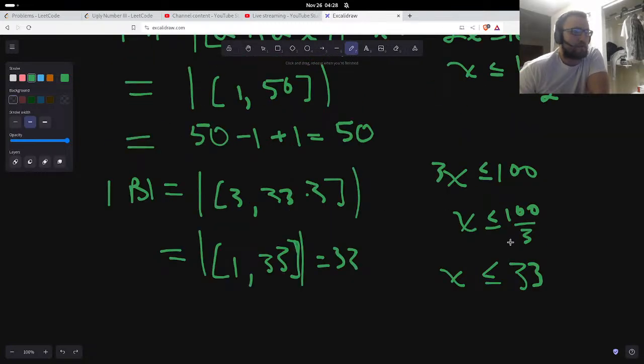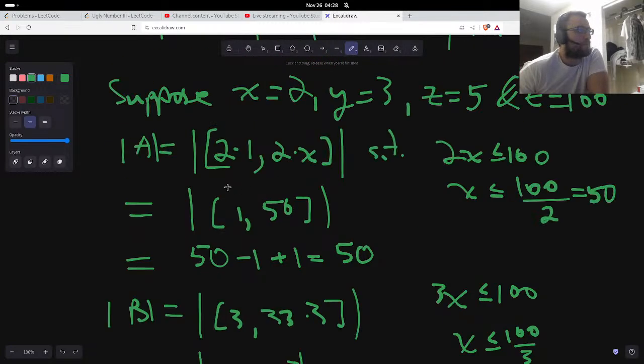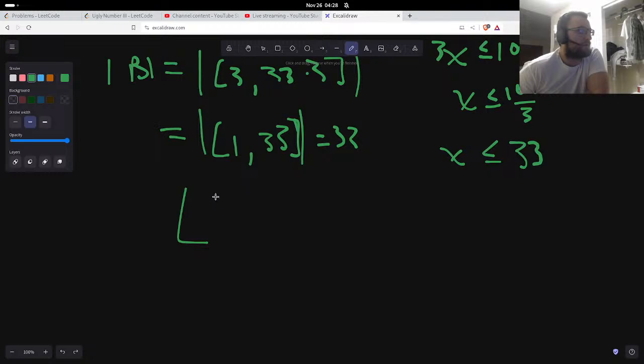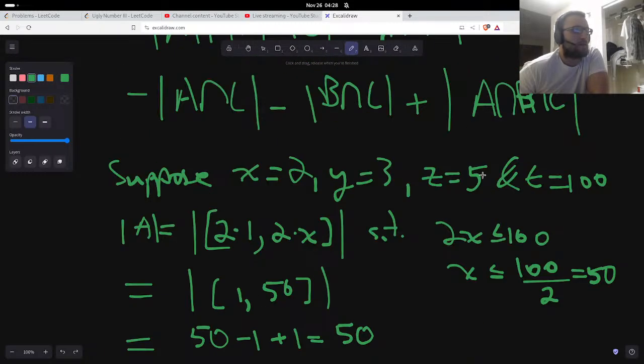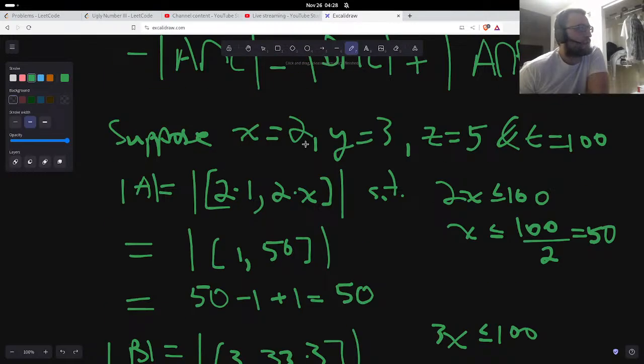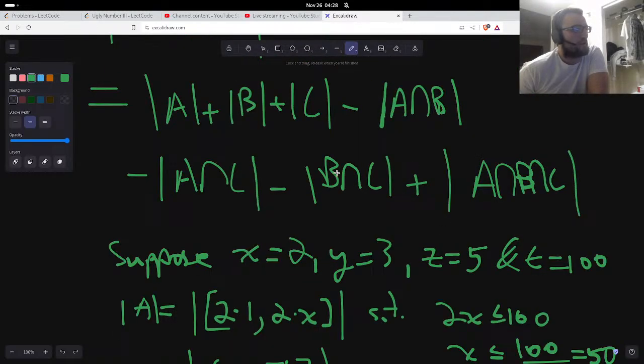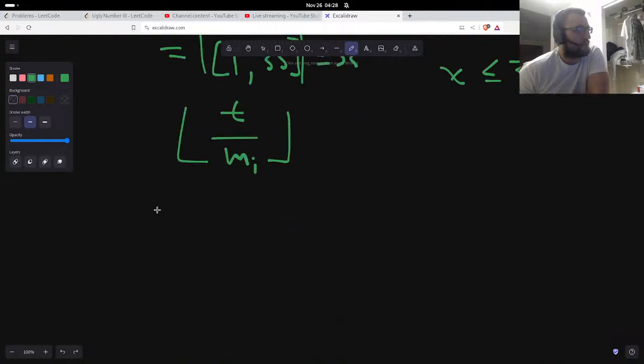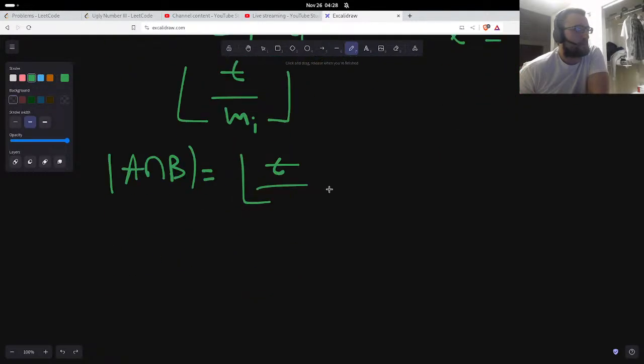Which I think these are just going to be the floor of T over, we'll call it M sub I. And I think C is just the multiples of X times Y. Or not C, A and B is then T over 2 times 3.